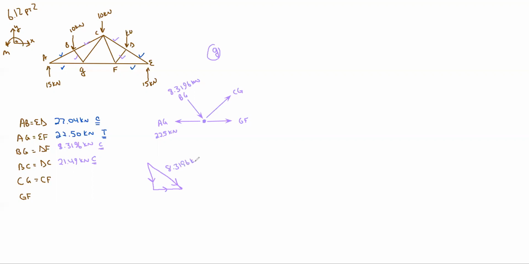8.3196 kilonewtons is BG. This angle is 56.31 from a previous calculation. So the X component is 8.3196 cosine 56.31 degrees, and the Y component is 8.3196 kilonewtons times the sine of 56.31 degrees. CG I've got going in the upward direction.